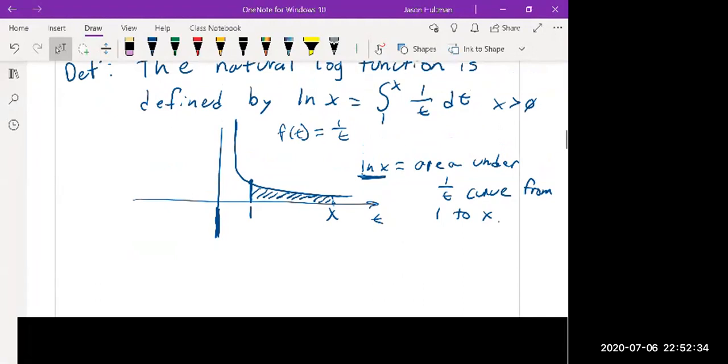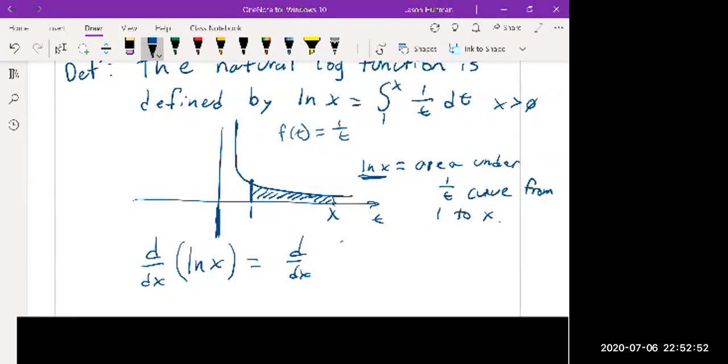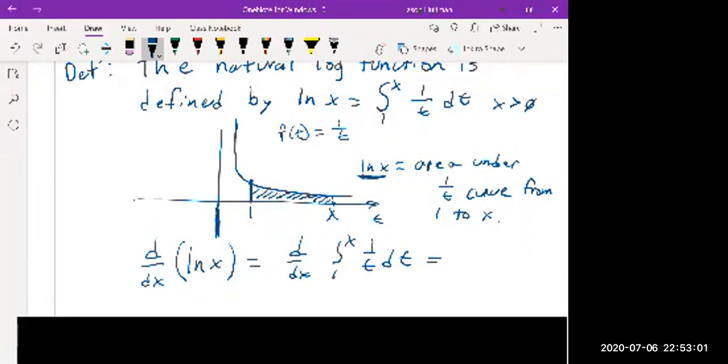If we use the fundamental theorem of calculus and take the derivative of the integral, it's kind of interesting. The derivative of natural log is d dx of the integral from 1 to x of 1 over t dt, which is equal to 1 over x, by the fundamental theorem of calculus.